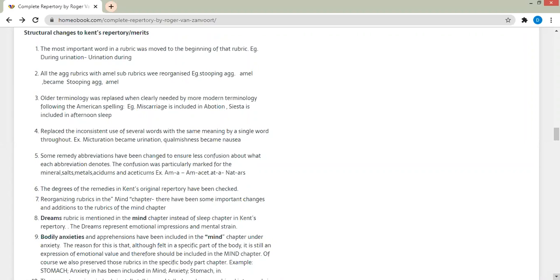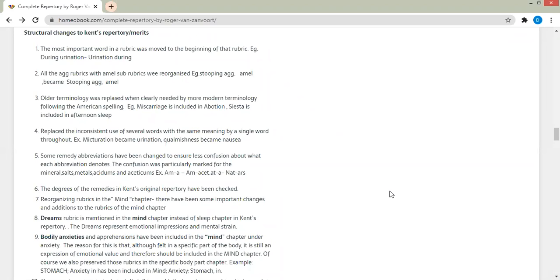Then older terminology was replaced, when clearly needed, by more modern terminology following American spelling. For example, miscarriage is included in abortion, siesta is included in afternoon sleep. So older terminologies are replaced by modern terminologies. Then the inconsistent use of several words with the same meaning was replaced by a single word throughout.